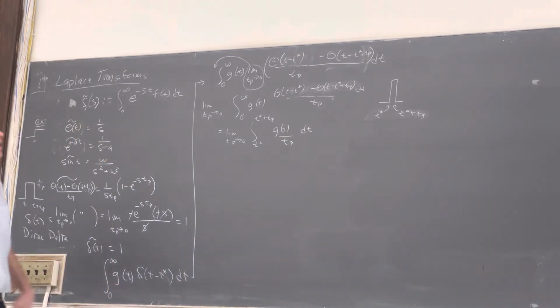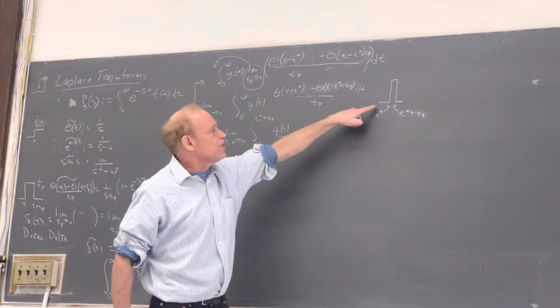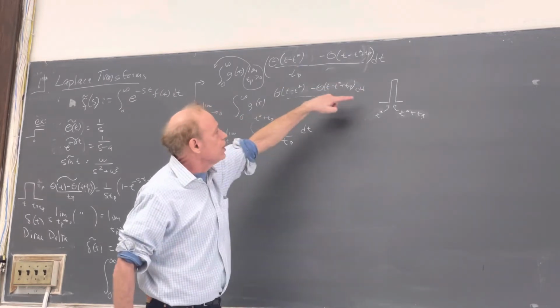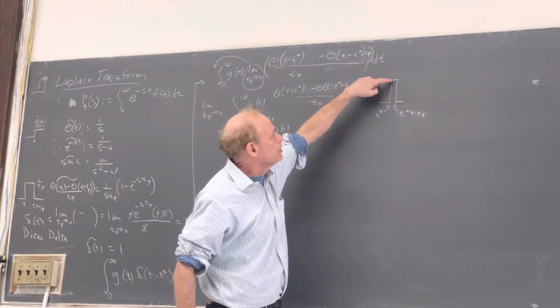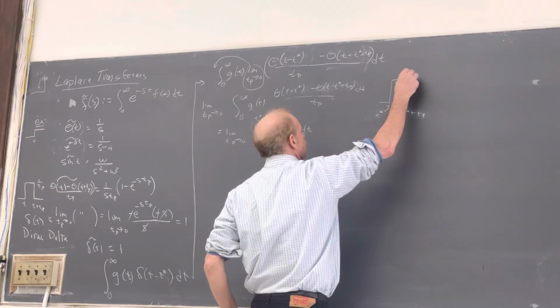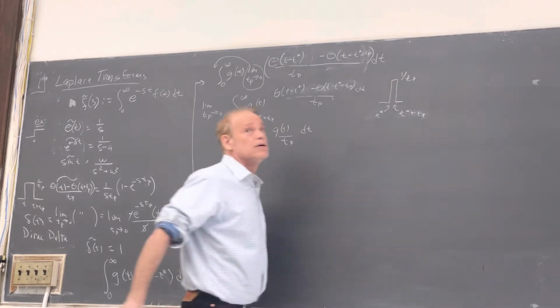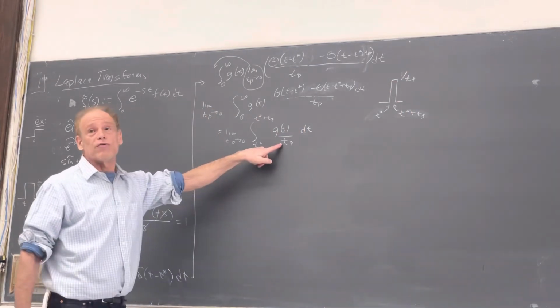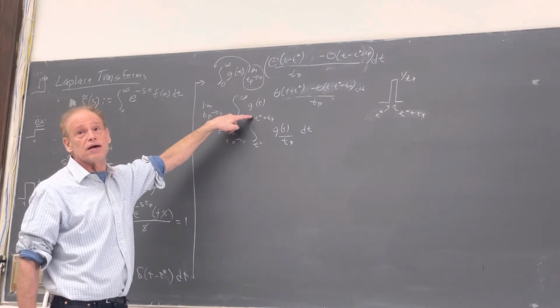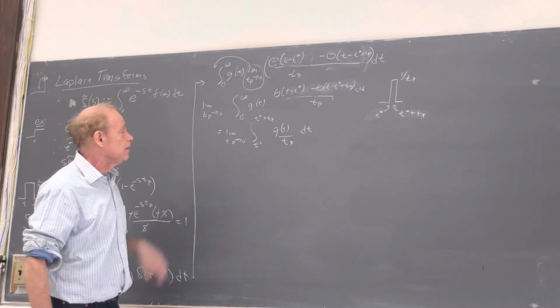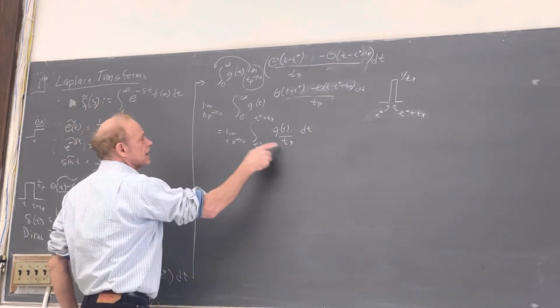So is that clear? This thing is a step function. So this whole thing is equal to 0 out here, 0 out here, and in this region is 1 over Tp. So I just took 1 over Tp, and I just took the integral from t star to t star plus Tp. Okay, well this is a constant, it comes out.